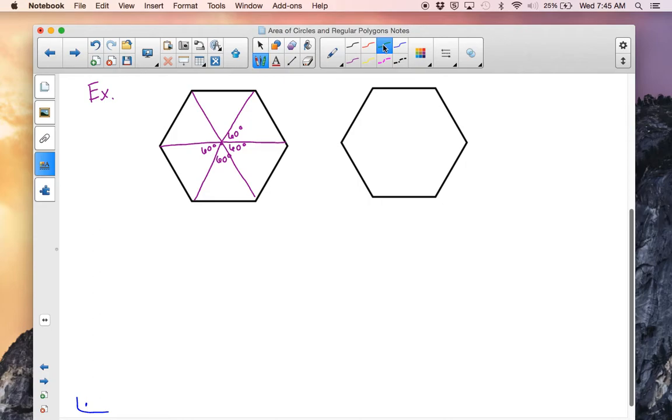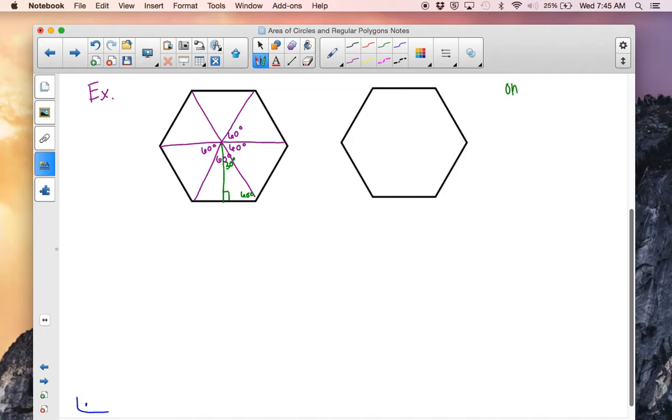Now, if I drop my apothem in, which is an altitude of this triangle, that's going to be 90 degrees. Because this is an isosceles triangle, it cuts this in half, which makes that 30 degrees, and this is 60. So you have a 30, 60, 90 triangle. So this only works in hexagons.